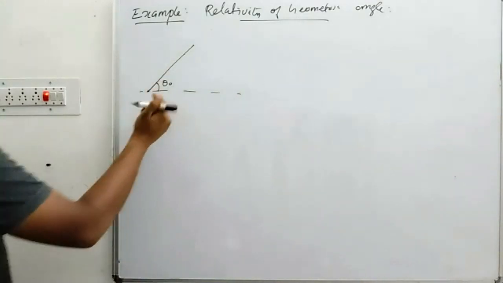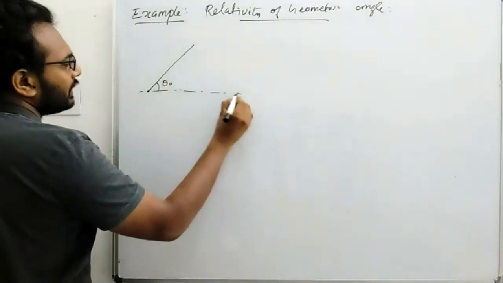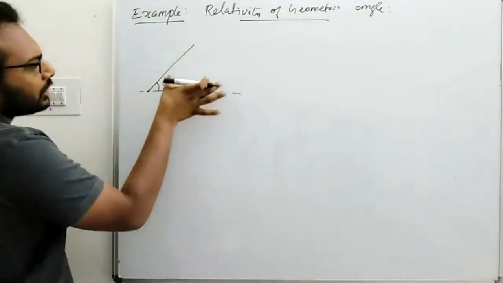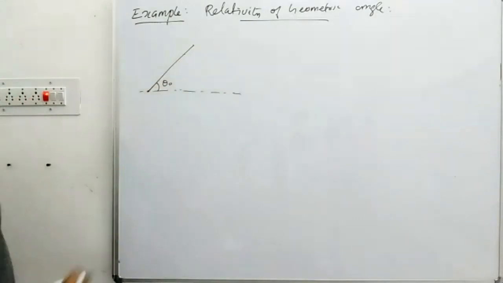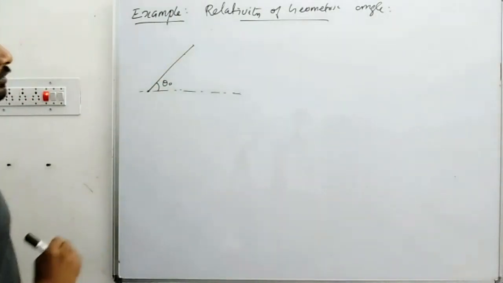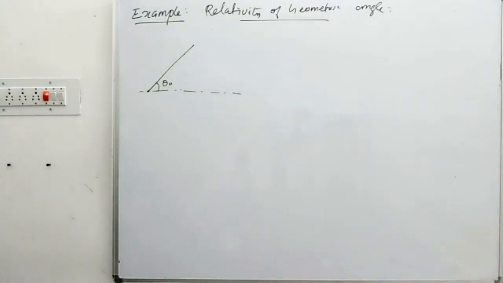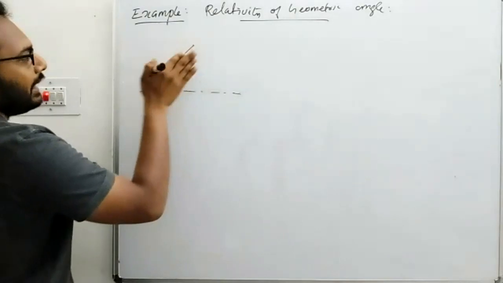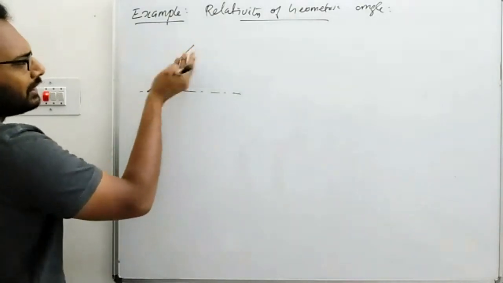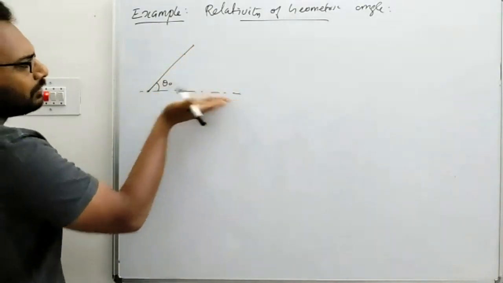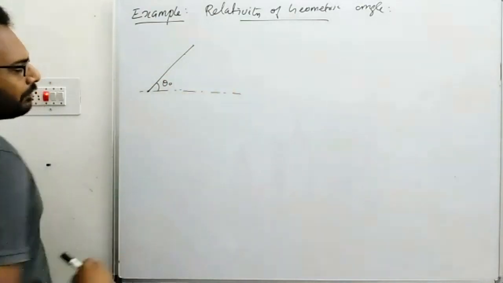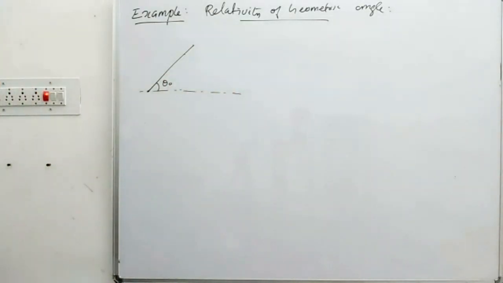So we know that the length contraction happens only along the direction of motion, not in the perpendicular direction. So you have to take the part of the length which is parallel to the velocity, and only in that direction there will be a contraction.